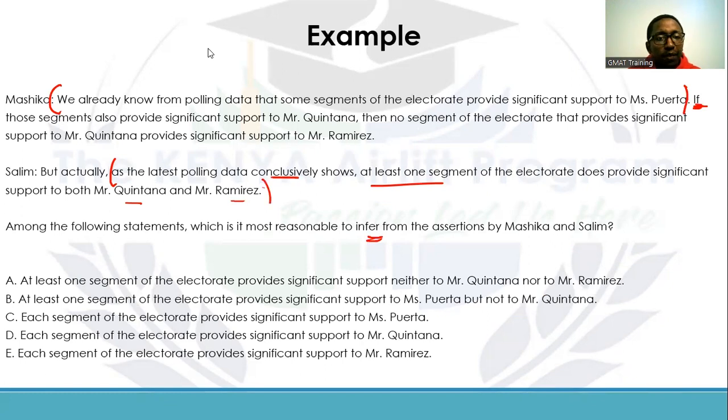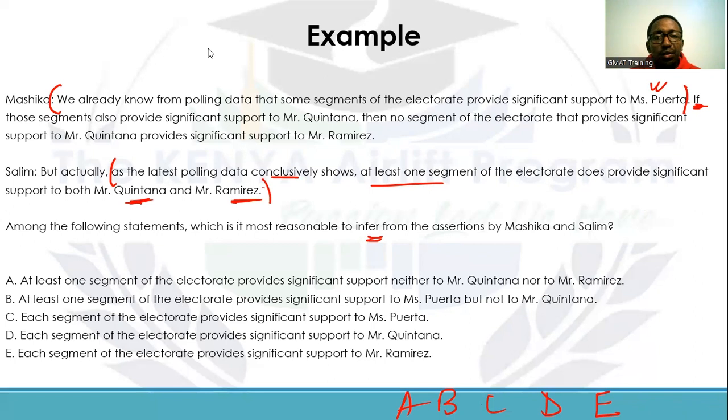So among the following statements, which is most reasonable to infer from the assertions by Mashika and Salim? So let's do the quickest eliminations first. So we know that some segments provide significant support for Mrs. Puerta, and then at least one segment provides significant support to both Mr. Quintana and Mr. Ramirez.